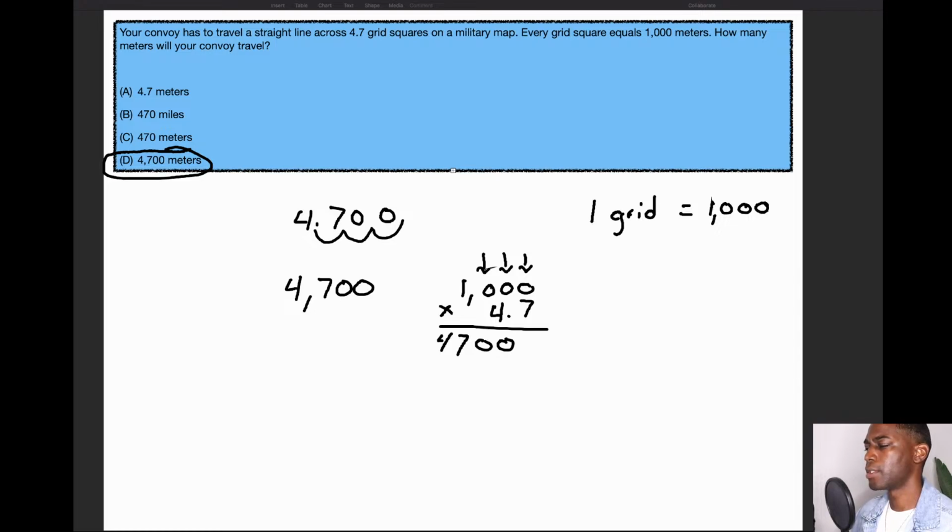Oh, I think I just messed myself up. 4.7, and then those zeros will drop down and we move the decimal place 1, 2, 3, giving you the same thing. I almost wrote an extra 0 in there. My bad, y'all. 4,700 is the correct answer, not 47,000. Still rusty. Please forgive me.